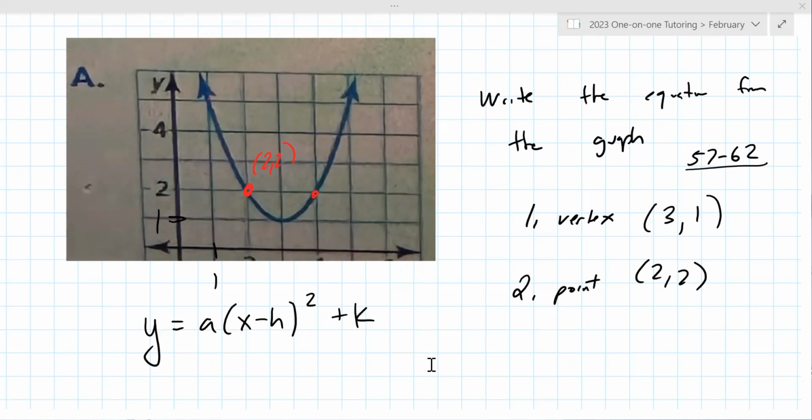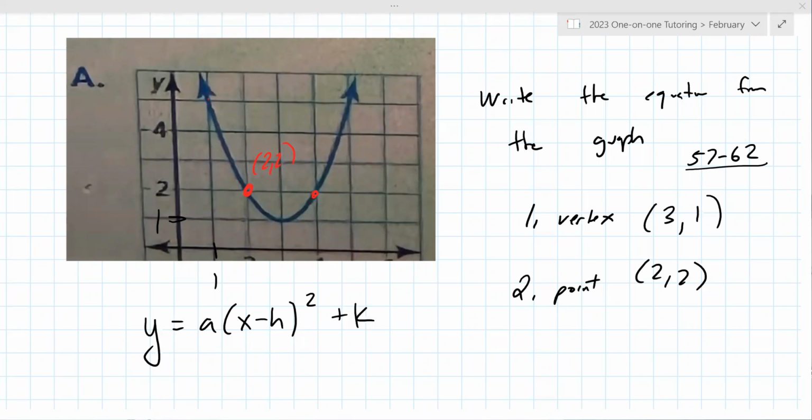So then y equals a times (x minus 3) squared plus 1.